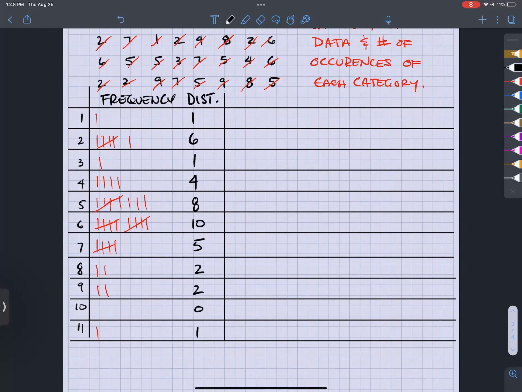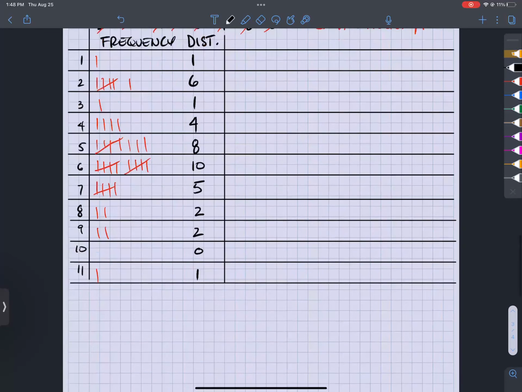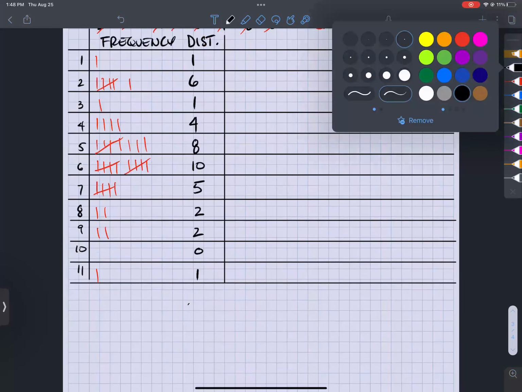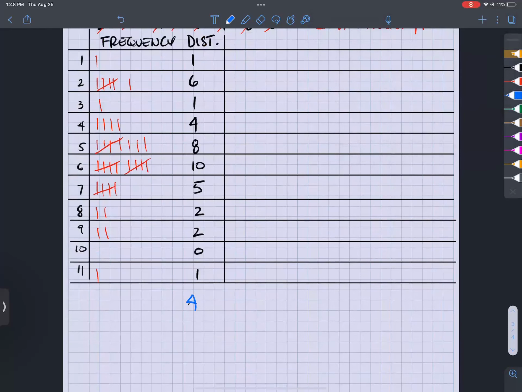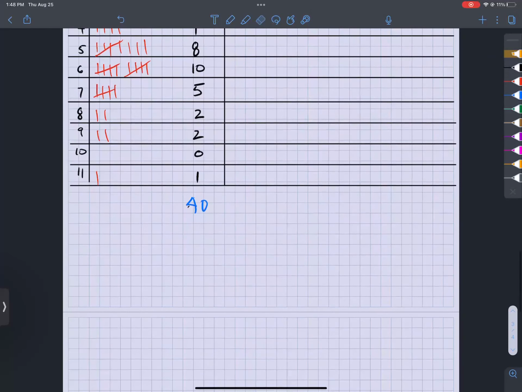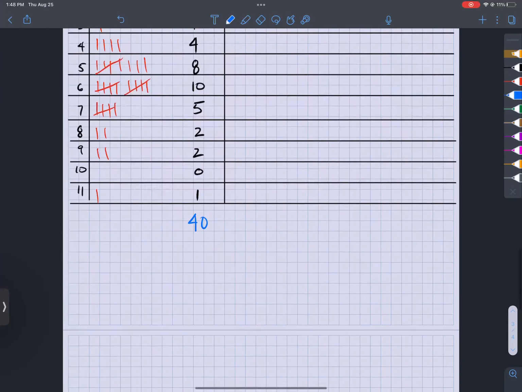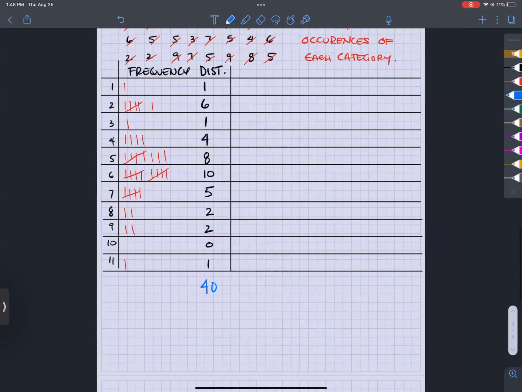So 40. So yes, I have a total of 40. So yes, that checks out. Perfect. Okay, so the next definition is the relative frequency.